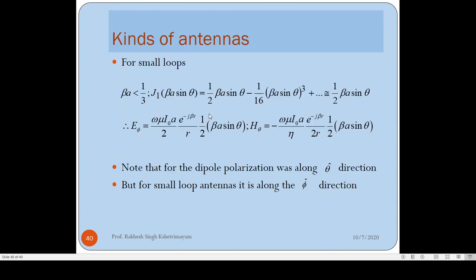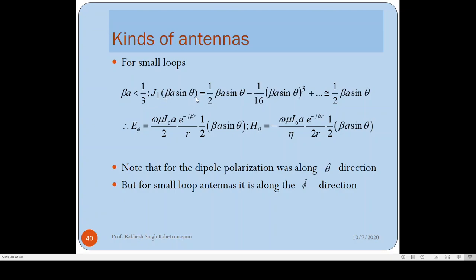That is logical. And one major simplification is when you consider an electrically small loop antenna. When you have an electrically small loop antenna, in that case beta A will be less than 1 by 3. If beta A is less than 1 by 3, we have an approximation for the J1 Bessel function of order 1.